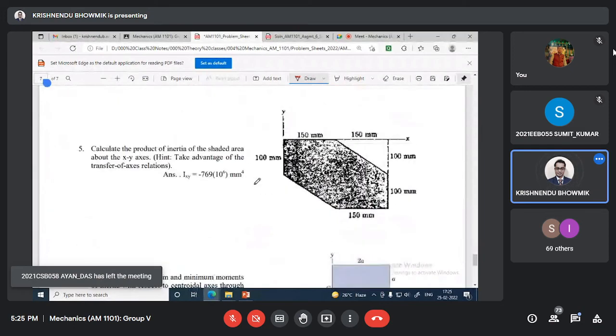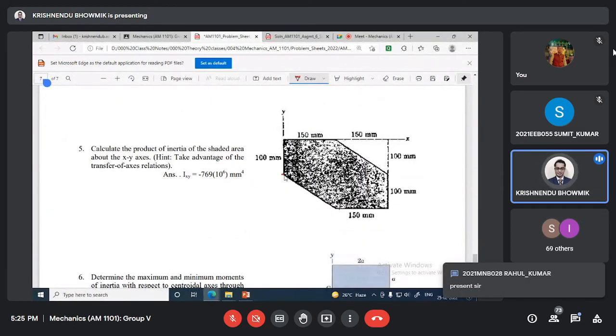Now, question 5. You can split this way into 4 parts.